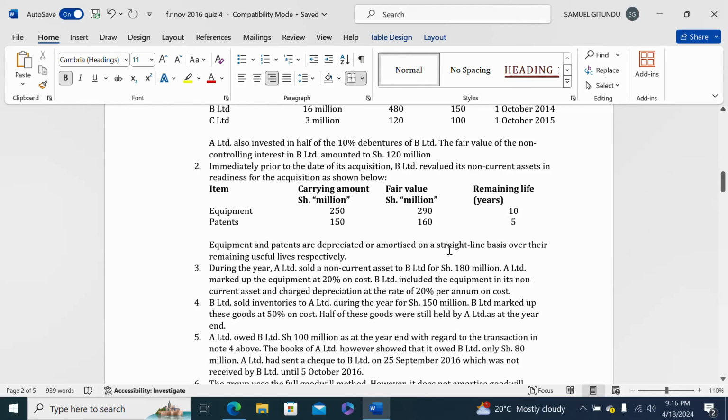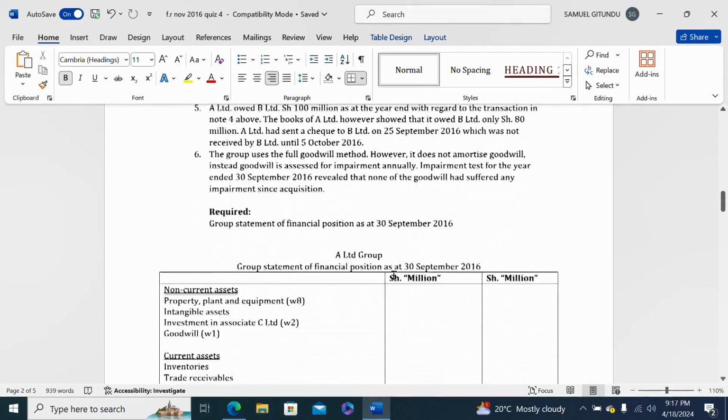Remember, if you're using the straight line method of calculating depreciation, then it means that you are depreciating your assets on cost. So if they continued depreciating based on the cost, then it means that at the date of consolidation of the financial statement, there was a depreciation undercharge.